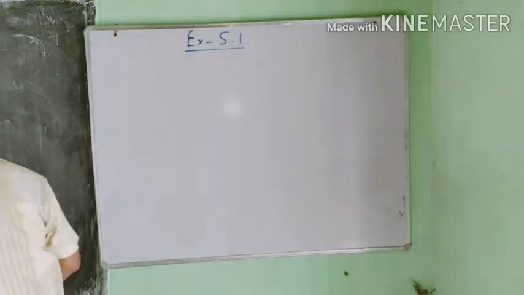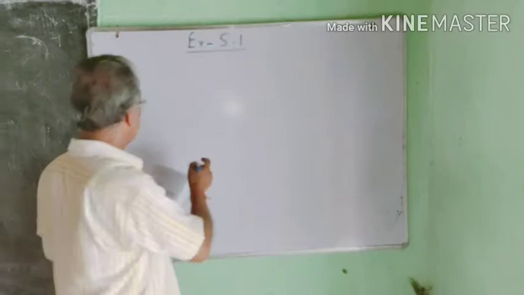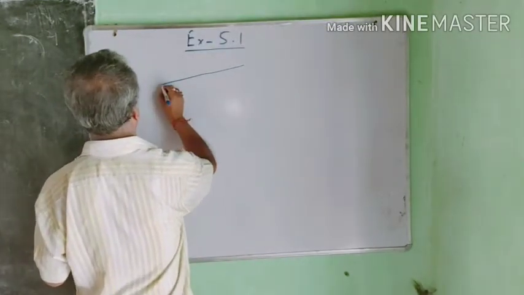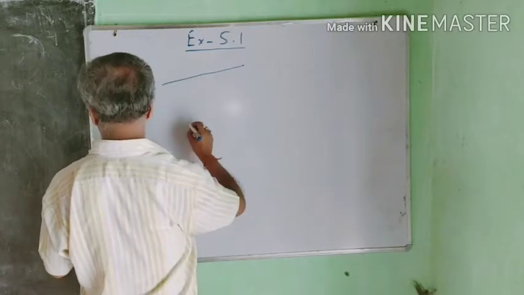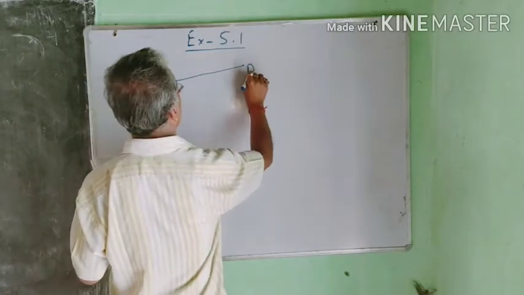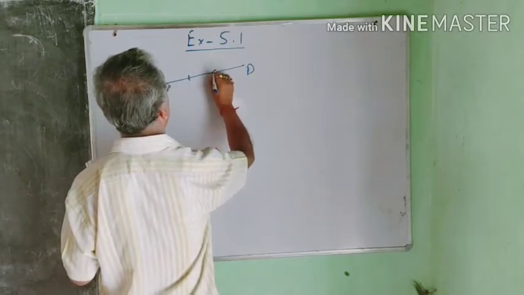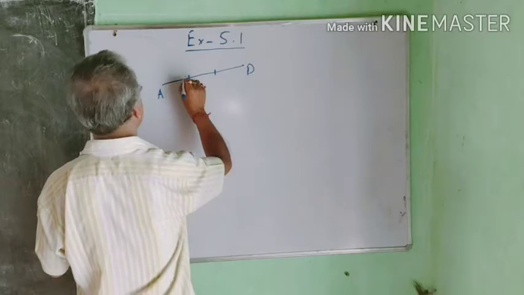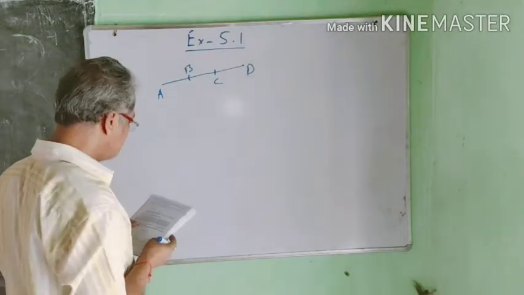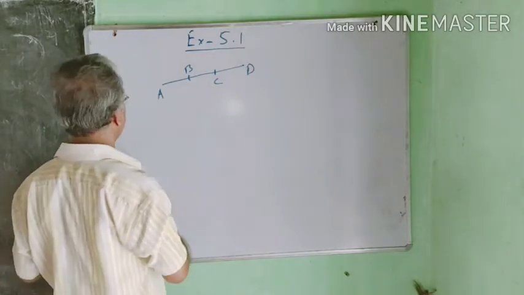Question number 6 says, there is a figure and here are 4 points A, B, C, D. This is B and this is C. Such that AC is equal to BD.